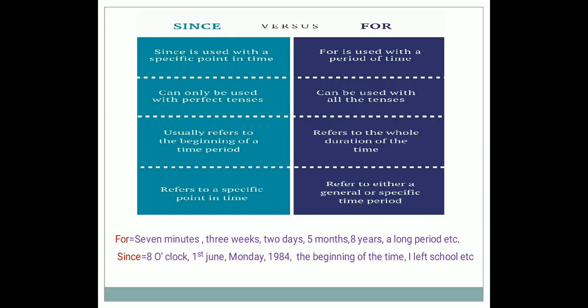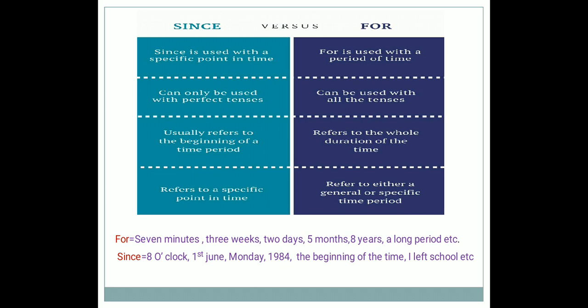So let's see the difference between since and for thoroughly. Since is used with a specific point in time. For is used with a period of time. Since can only be used with perfect tenses, whereas for can be used with all the tenses.